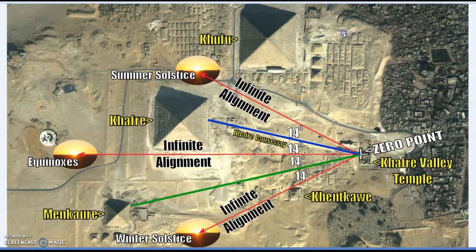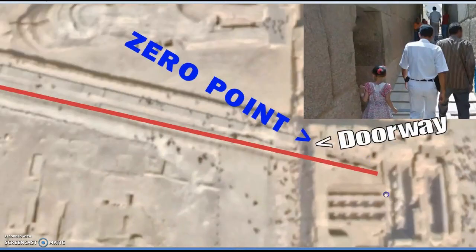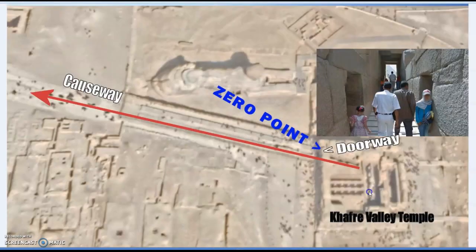In the original narration, I just did a boo-boo there and said it points to the summer solstice sunrise. That's not the case, it's halfway between, but it has that same 14 degree angle as the Khafre Pyramid, just reversed.